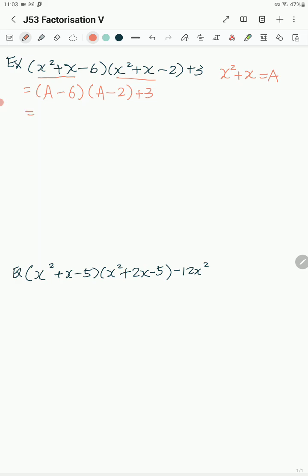First step is to rewrite the expression using the substitution. Then we remove the brackets, multiply up the terms. Calculate the numbers.